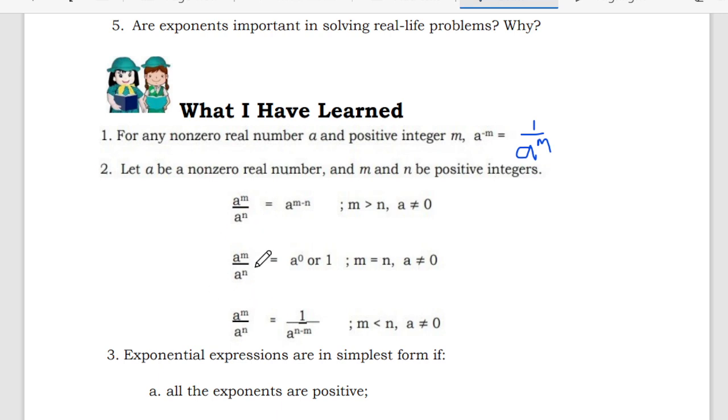So ito yung laws of power of quotient. If your m is greater than n, then in simplified form, you can just write a raised to m minus n. If your m and n are equal, the exponent is 0, then any number raised to 0 is 1. If your n is greater than m, then it is simplified as 1 over a raised to n minus m.